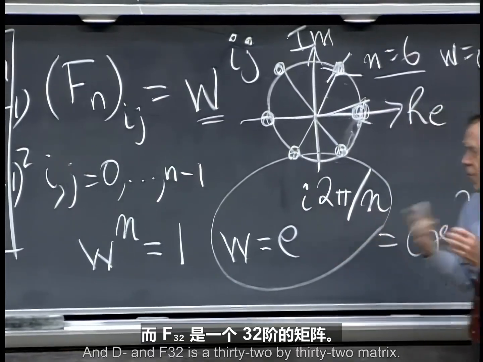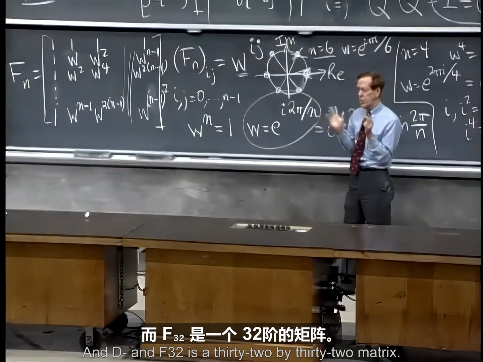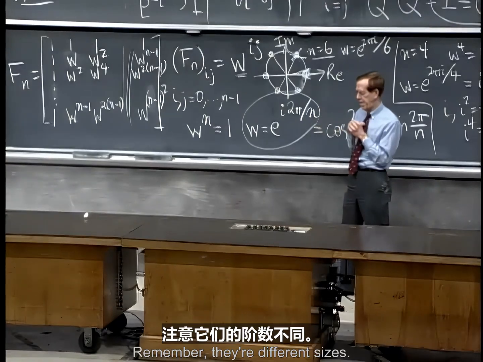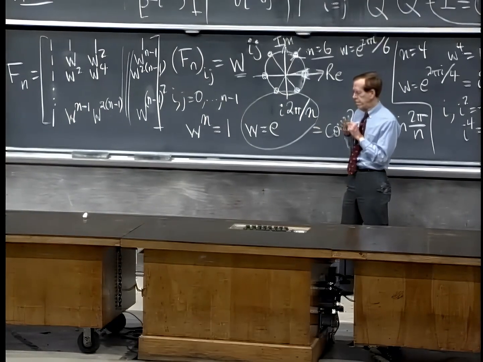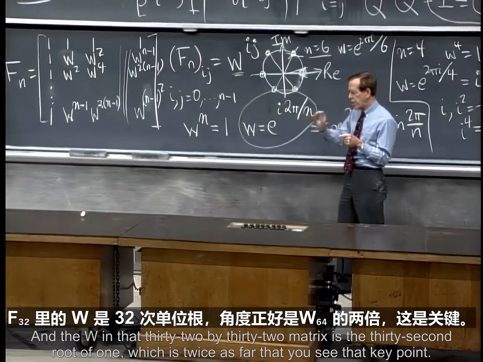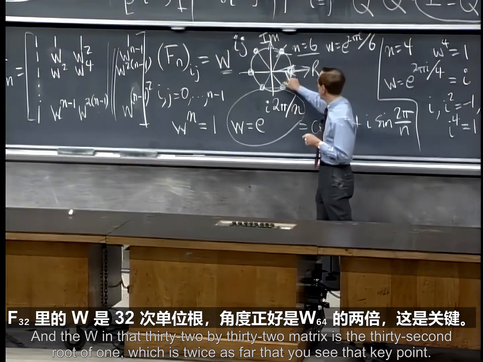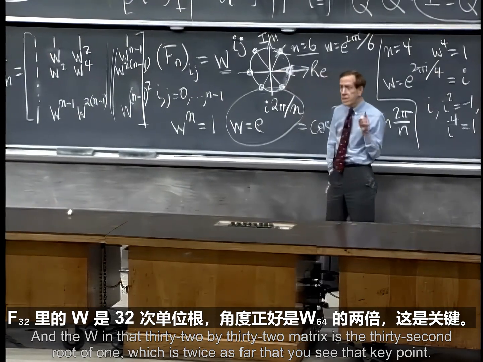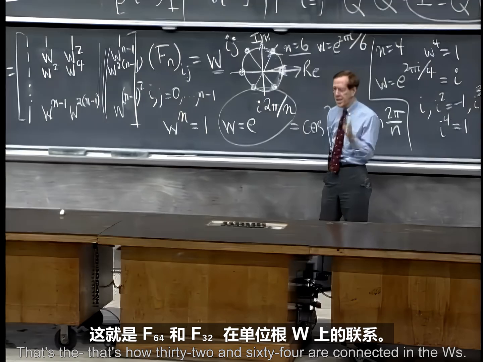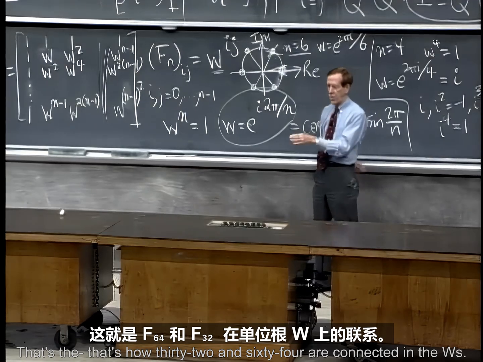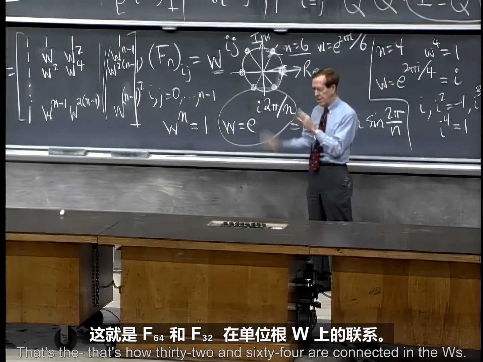And F32 is a 32 by 32 matrix. Remember, they're different sizes. And the W in that 32 by 32 matrix is the 32nd root of 1, which is twice as far. See that key point? That's how 32 and 64 are connected in the W's.